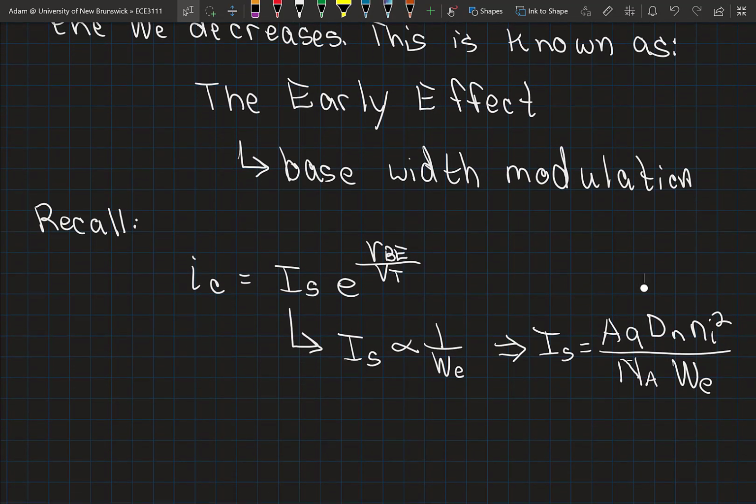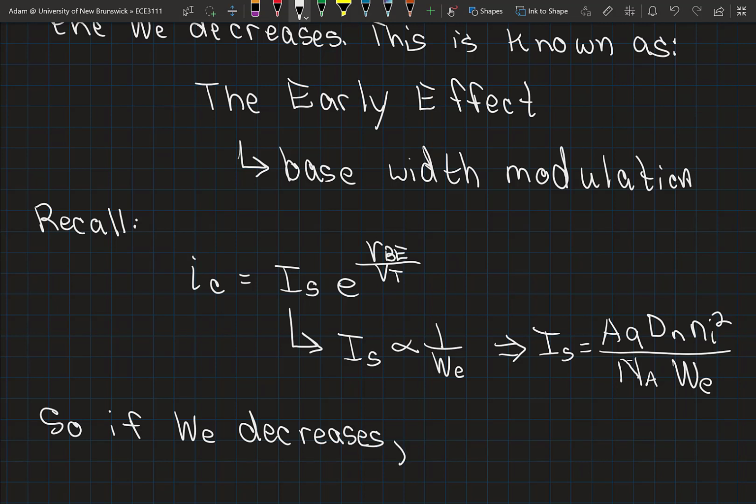So, all of that to say, if the effective base width decreases, as it does with increased reverse bias, then our collector current increases.